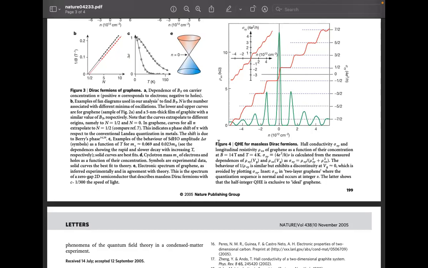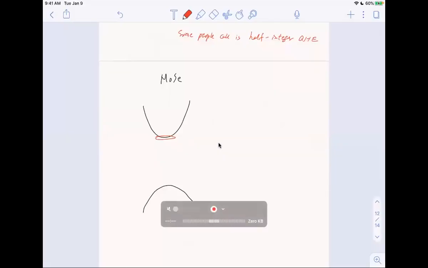And in MoS2, we didn't talk about MoS2 today. In MoS2, the particles are massive, but it is a Dirac fermion, so it will be somewhat different. You will have a gap, but the Landau level will actually start from zero.